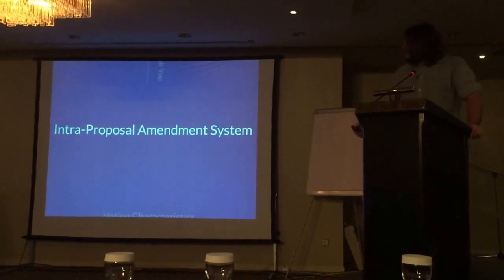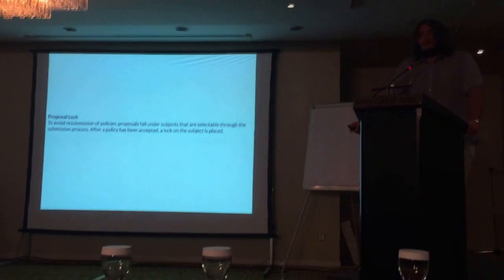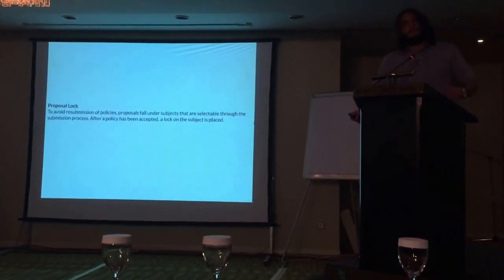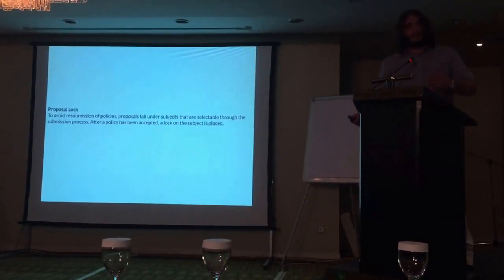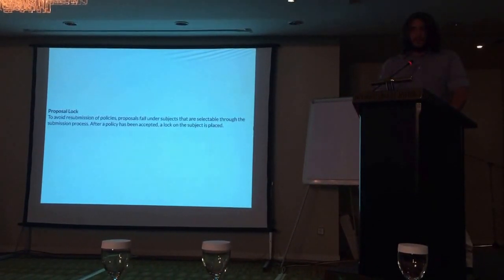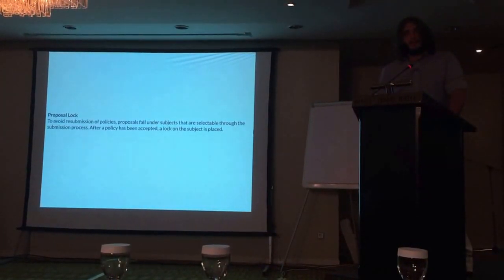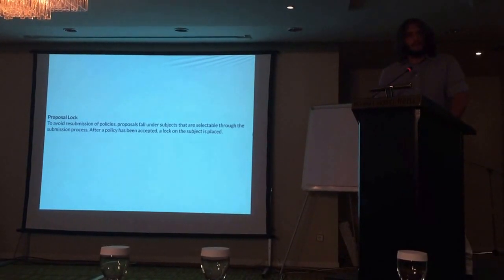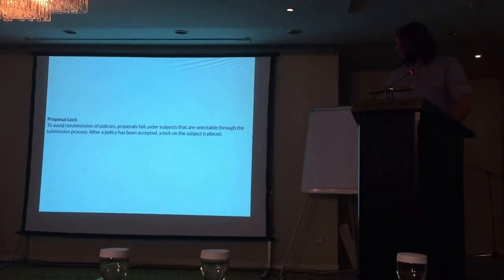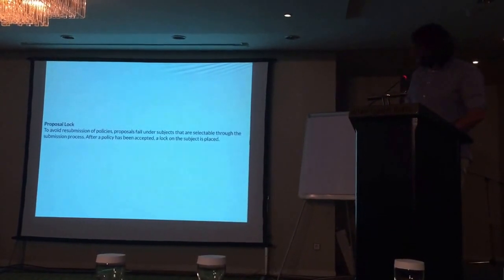Some features for this section. To avoid resubmissions of proposals that have already been confirmed as referendums, the policies will have subjects, and after a referendum has been accepted, a lock on the same subject will be put as decided by the people.